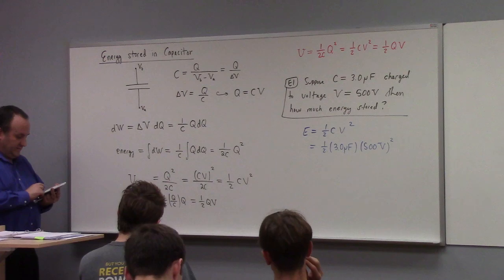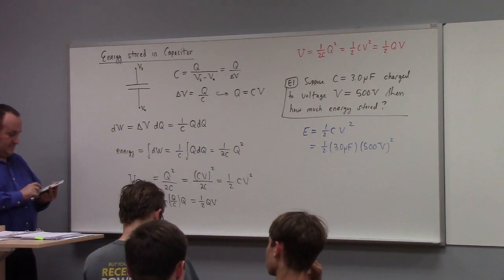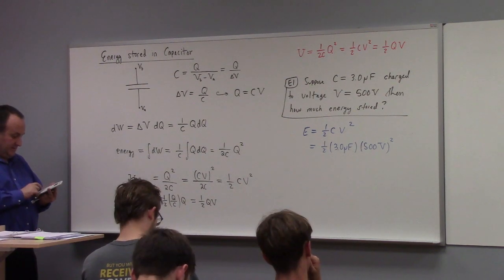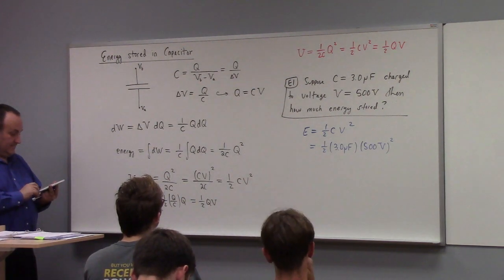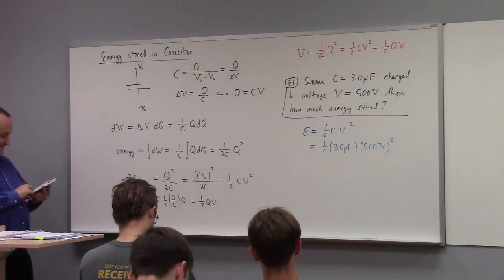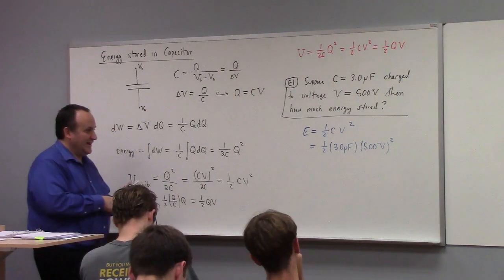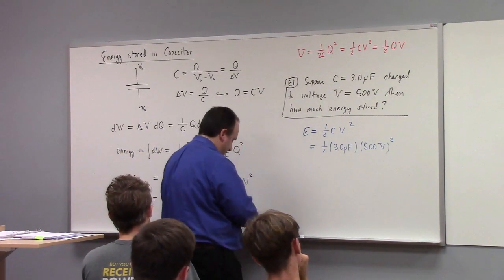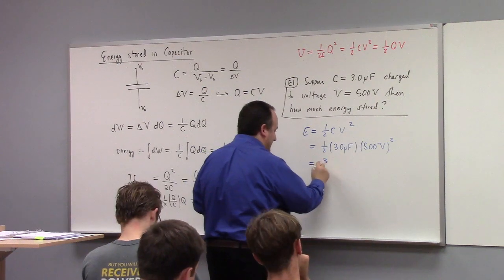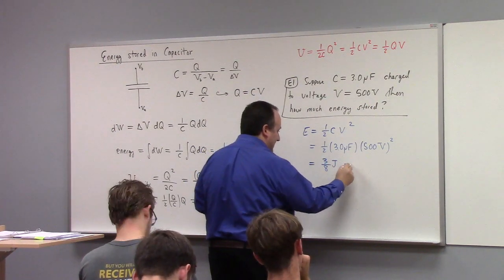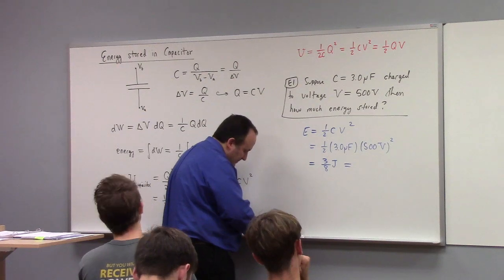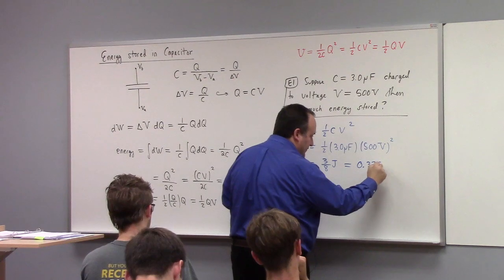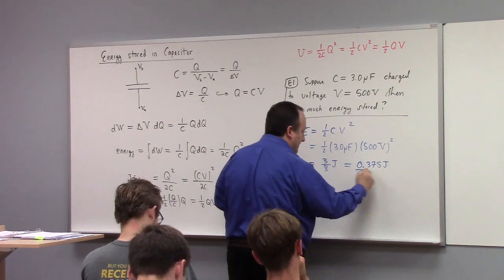See, 500 squared times 3 times 10 to the minus 6, divide. Oh, that's funny. It actually works out to 3/8 of a joule. I don't usually like to leave answers like this, you know. So what is that? That's 0.375 joules. There you go.